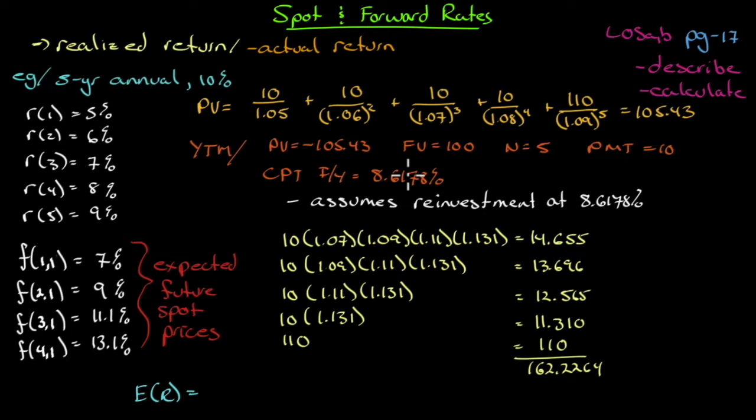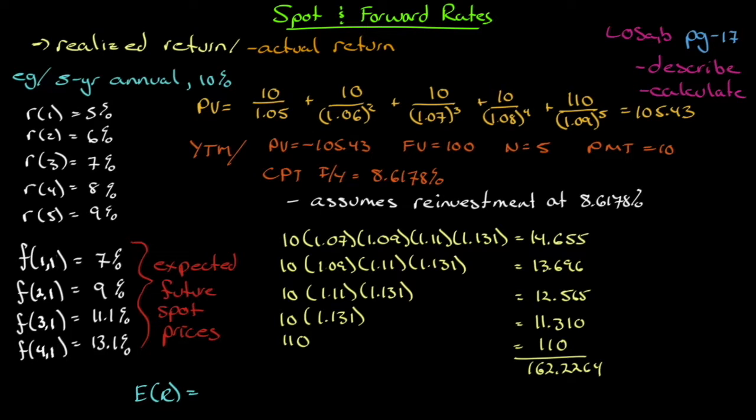Your expected return is built into the forward curve, because the current spot curve is telling us something about the expectations for the future, so that if we had to reinvest this 10, because we're going to get 10 in 1 year, we would be reinvesting it at what we think the forward rates would be, because in a year, these forward rates should be the current spot rate.